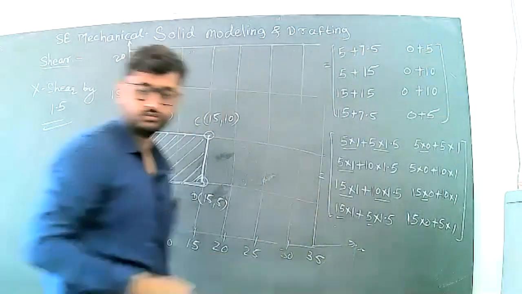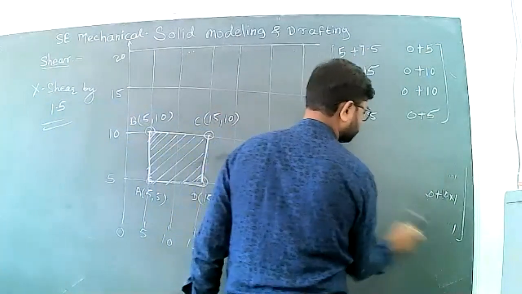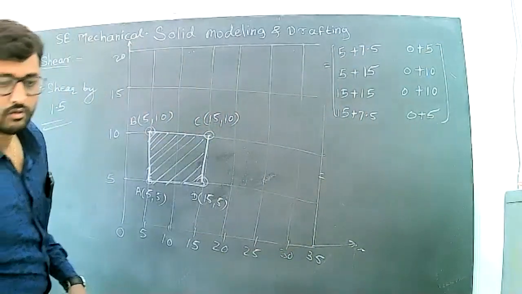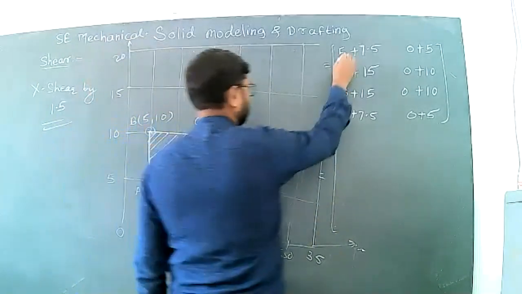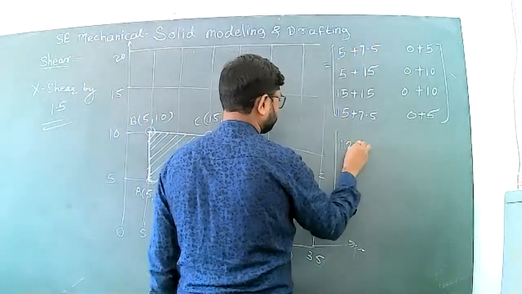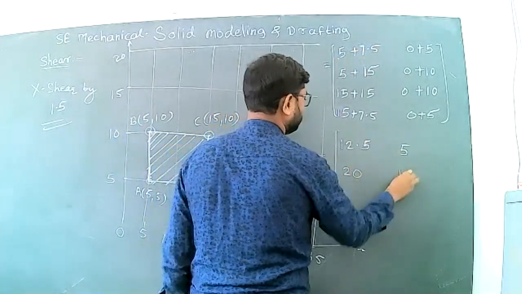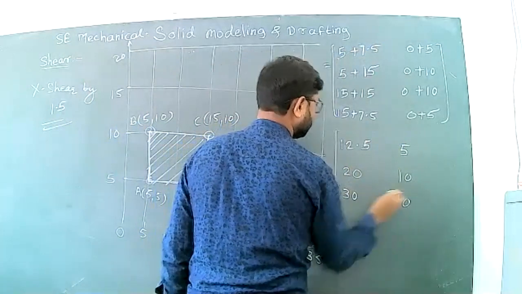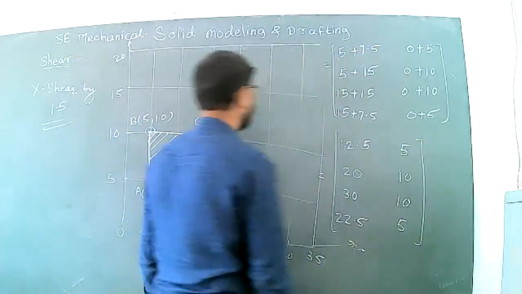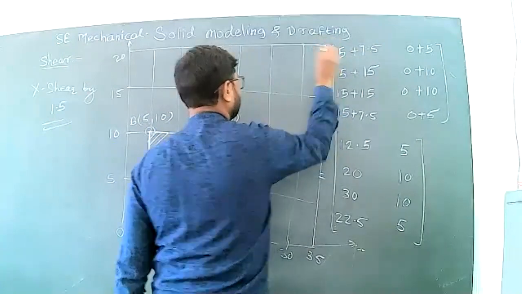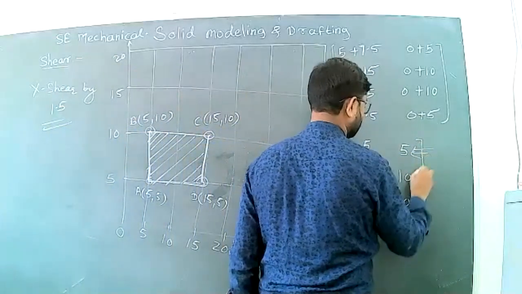And finally, the answer for the transformed rectangle is: 5 plus 7.5, 12.5, 5; 20, 10; 30, 10; 22.5 and 5. Okay, these are the new coordinates.